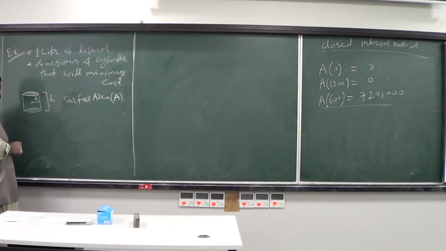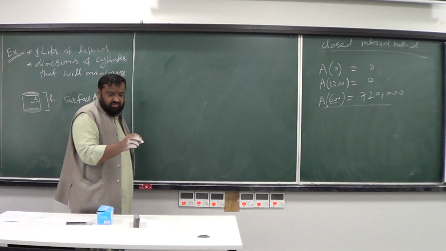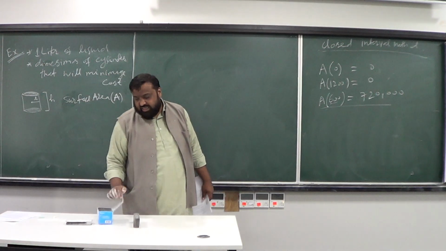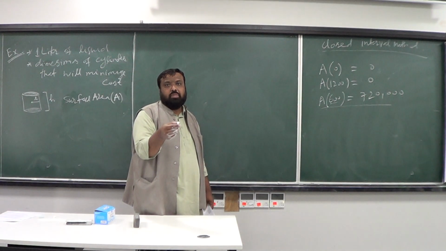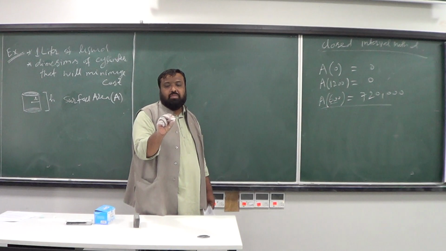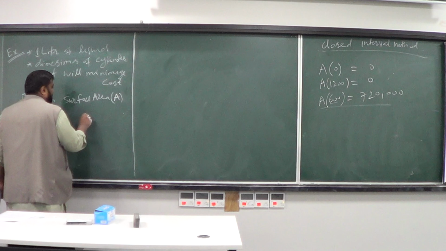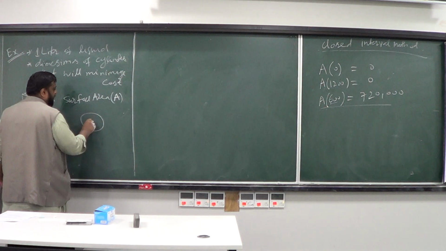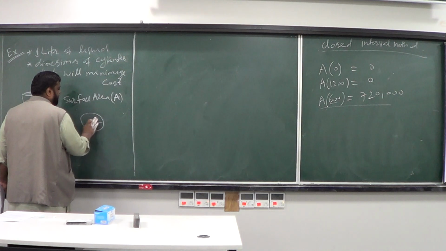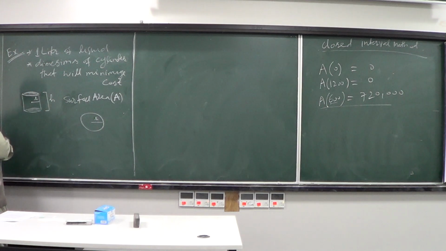If you see the cylinder from the top, so let's assume that this chart is like a cylinder. The top is a disc, and the bottom is also a disc. So it has 2 parts. One is the top, which is a circle of radius r, and the bottom is also a disc of radius r.